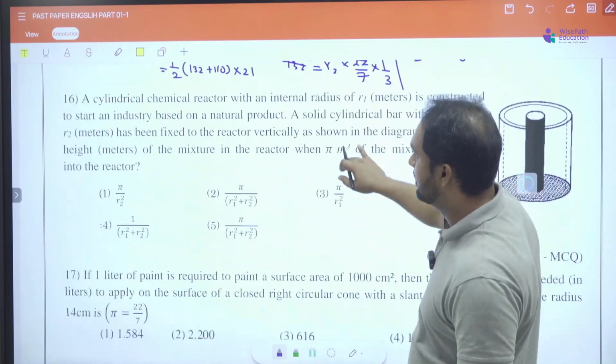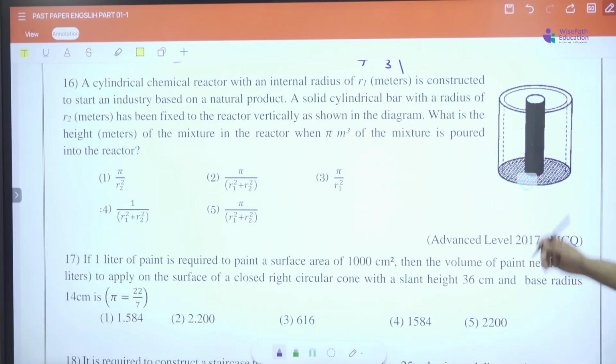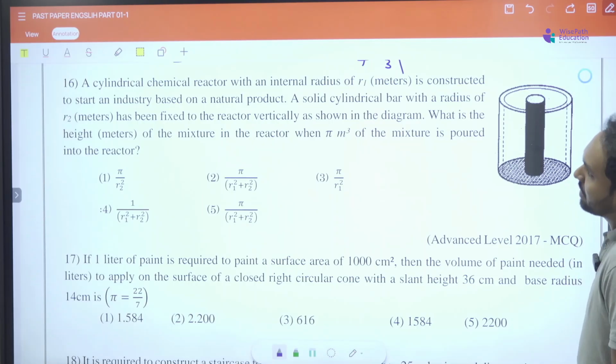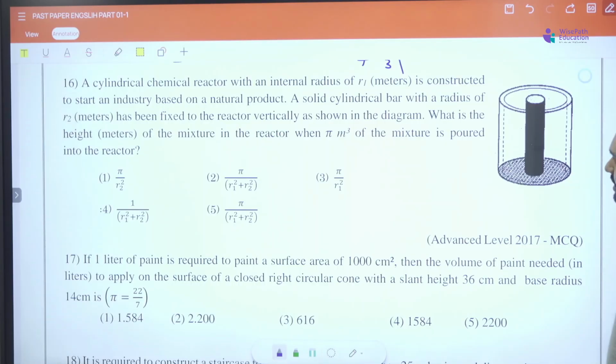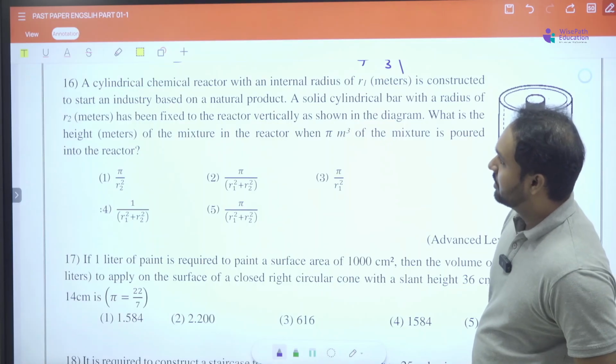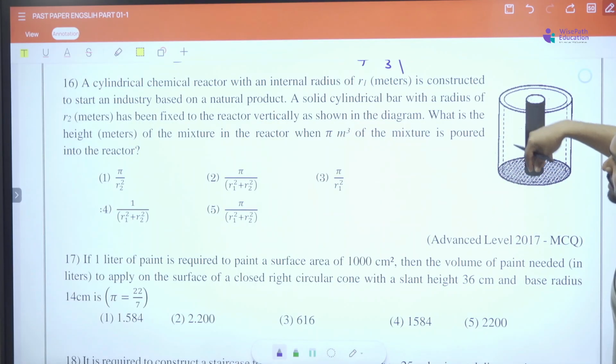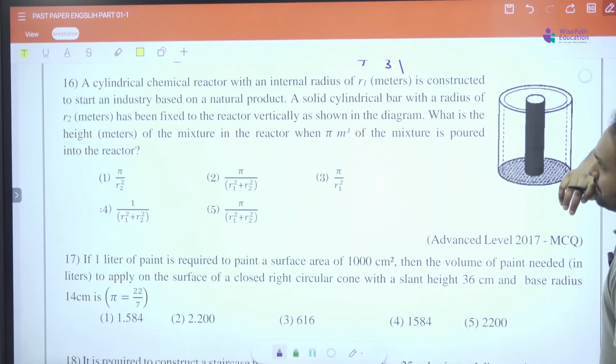Next question. A cylindrical chemical reactor with an internal radius of R1 meters is constructed to start an industry based on a natural product. A solid cylindrical bar with a radius of R2 meters has been fixed to the reactor vertically. Inside the reactor there is a cylinder with radius R2.